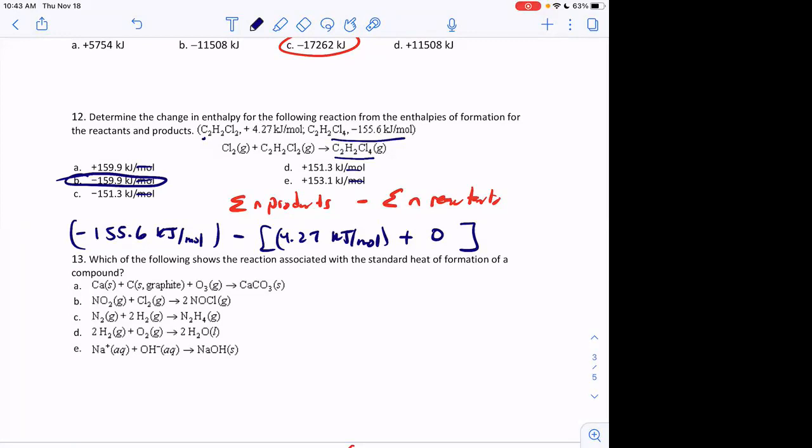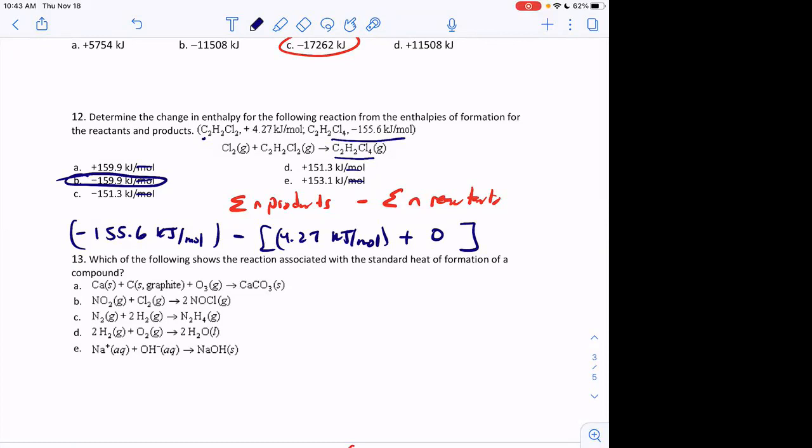C? You good? Not sure? What's wrong with A? Let's use it as a study guide. What's wrong with A? If we're choosing C? Why isn't the answer A?